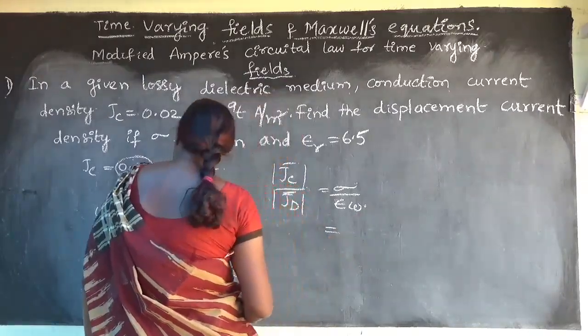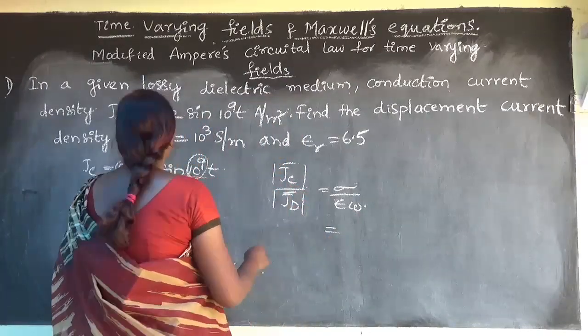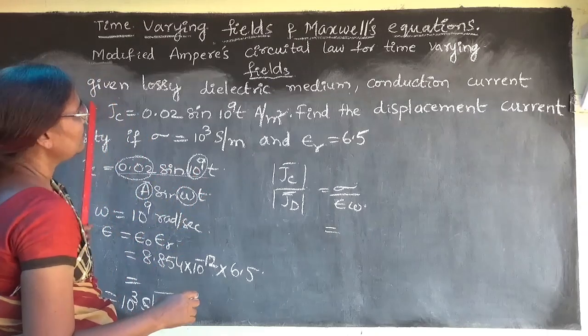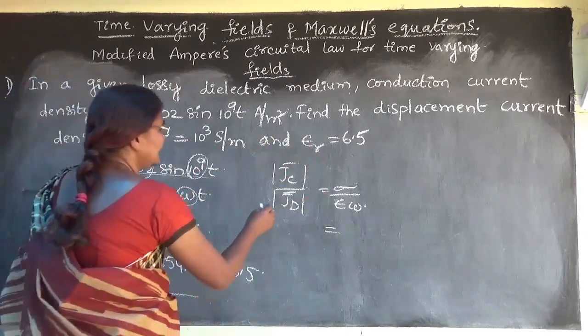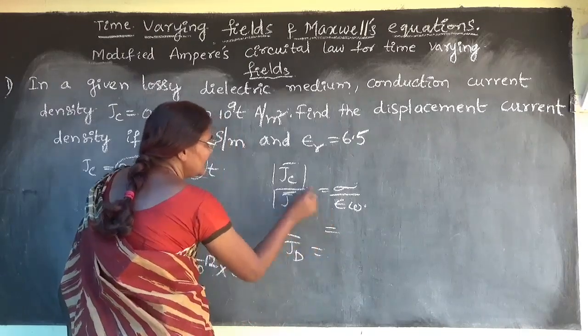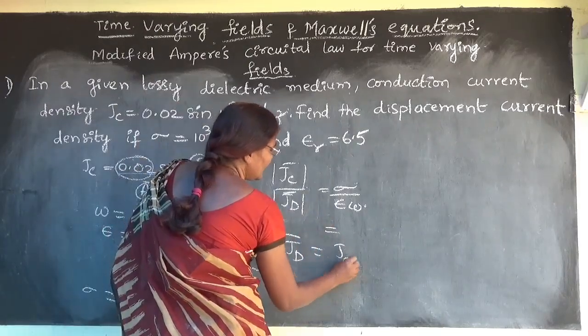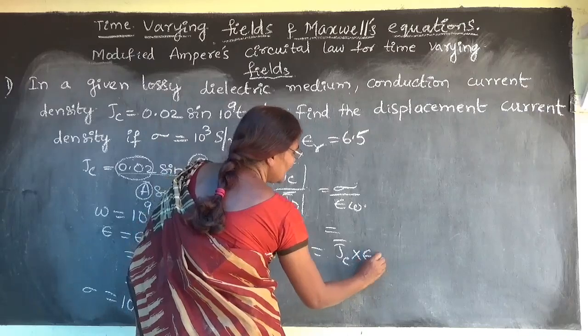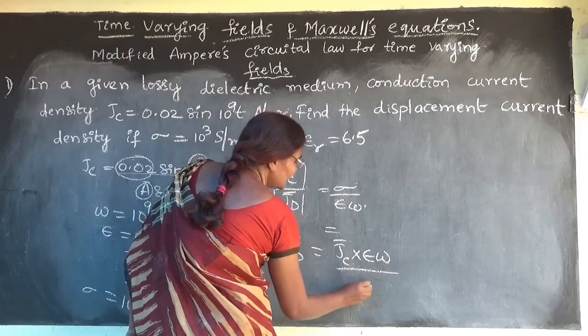Now I want to find the displacement current density, so Jd bar is going to be Jc bar into epsilon omega by sigma.